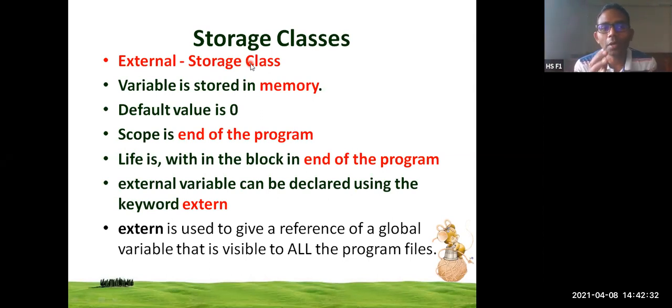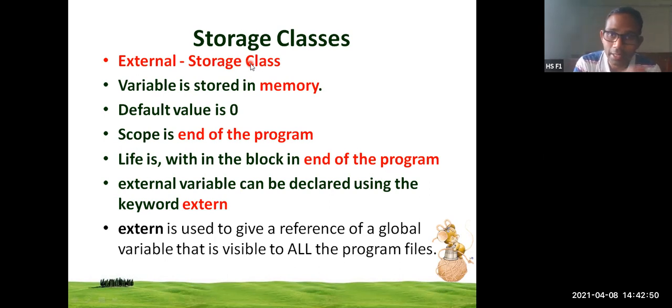Let us write one program for main and one program for external. You can create these things for variables as well as functions. You can have automatic variables, automatic functions. You can have static variables, static functions.